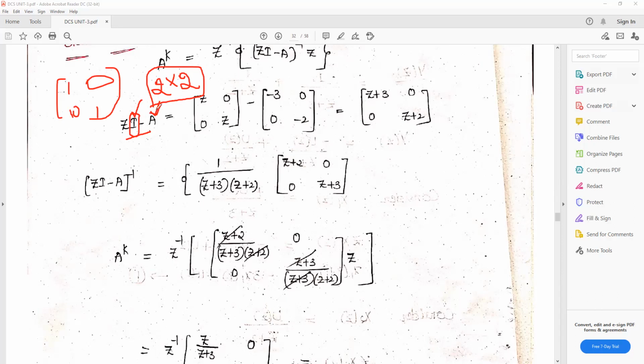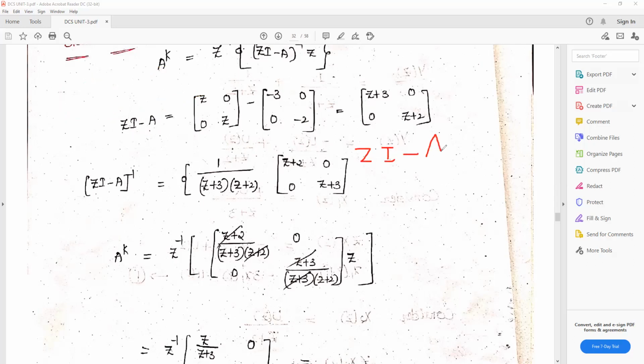If the A matrix is 3/3, the identity matrix is also 3/3. Since the A matrix is 2/2, the I matrix is also taken as 2/2. So first, zI minus A.